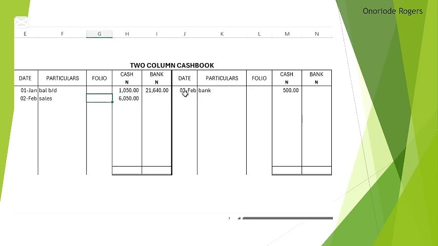So come here again and enter here again, 3rd of February. Who will receive the money? Bank, 500. Contra entry. Here again put a C to signify contra entry, that the transaction started and ended in the cash book.